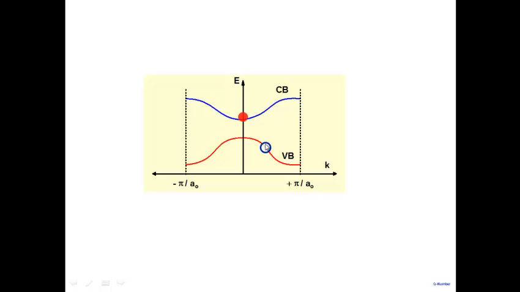What happens to a hole? The hole, on the other hand, if you put it at an energy here, this for a hole is a higher energy as compared to this particular energy. The hole would actually move up in energy. Now, just as I said, forget about the concept of a hole as a vacant state. We'll do that after half a minute. You can see here why the hole is moving up.